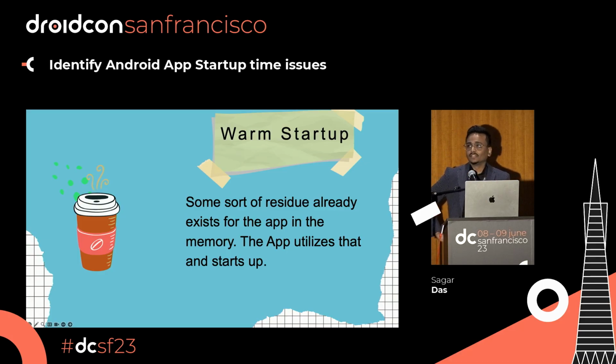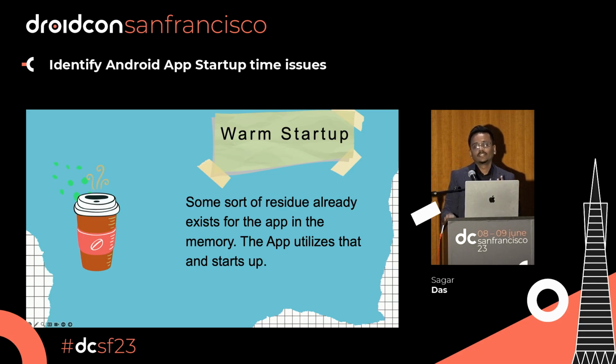What that means is, let's say the end user launches the app, then backs out and relaunches it again. Internally, the operating system might have created a process, meaning a process ID might have already been assigned to your app. And then the second time the user launches the app, all the operating system does is recreate the activity stack or the main thread. So the process ID does not need to be recreated again. That's one instance.